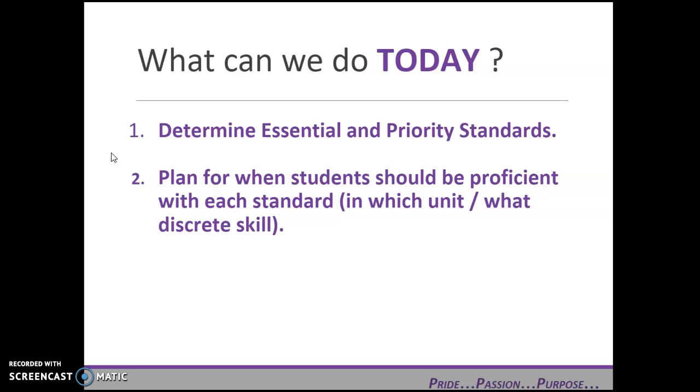Our work today will not be focusing on all 4 of the questions or the learning targets on the previous slide, but today we want to focus on determining essential standards. And if there is time, teams will begin discussing the progression of skills within the standards and when students should be proficient with each standard or skill.